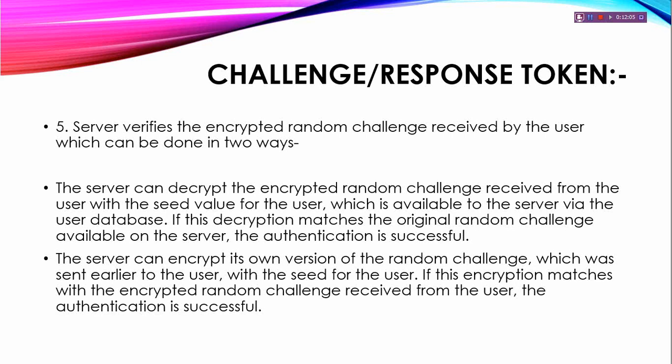The server can get the seed value from the user database and encrypt the random challenge, and if this encrypted random challenge and the encrypted random challenge received from the user are the same, then the authentication is successful. This is the process of challenge response token.